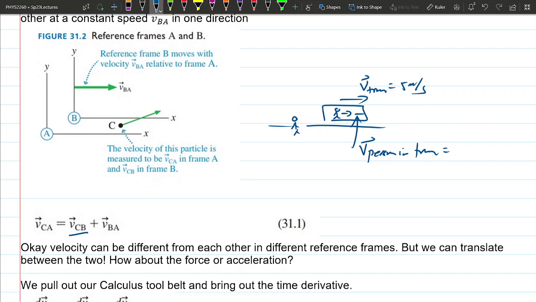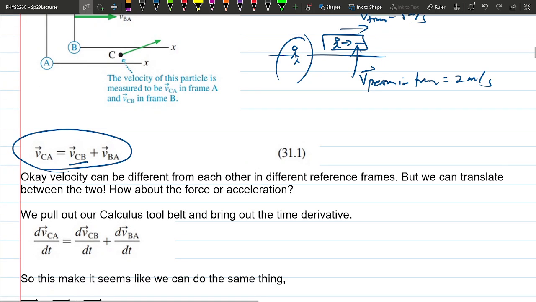Let's say she's going at 2 meters per second. To someone sitting on the sidewalk, it will look like that person is walking at 7 meters per second, because both the train speed and the person's speed inside the train add. So hopefully that makes sense. If you want to convert one velocity from one reference frame to another, you just add those velocities. You have to figure out what the A's and B's and C's are, but a lot of the time the concept is just that you have to add them.